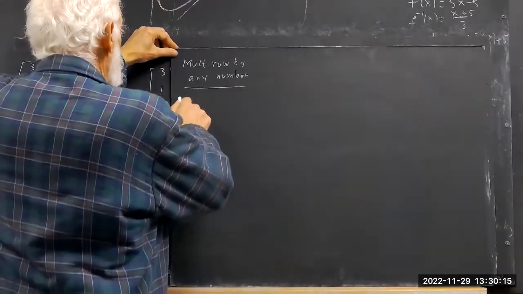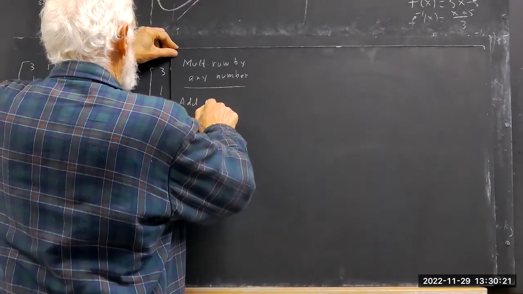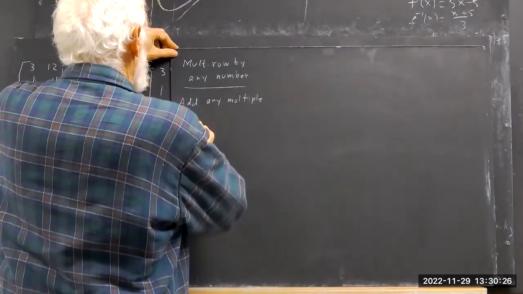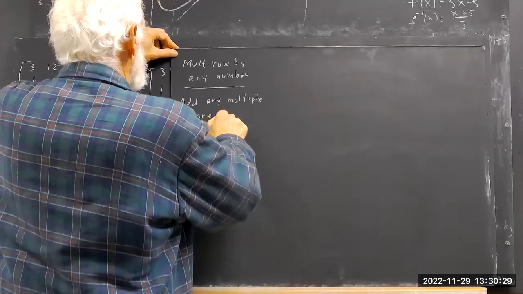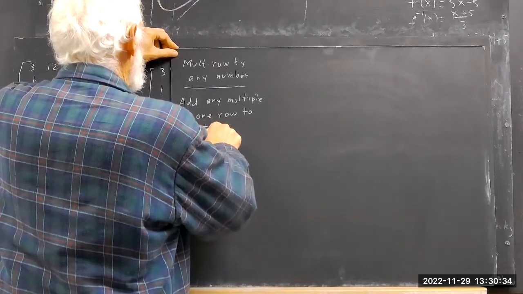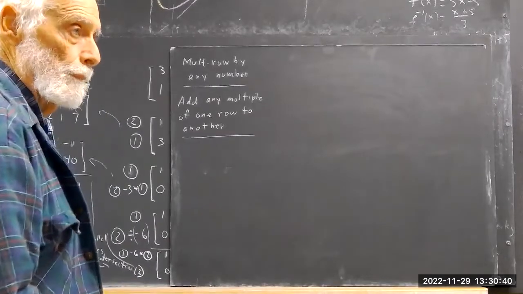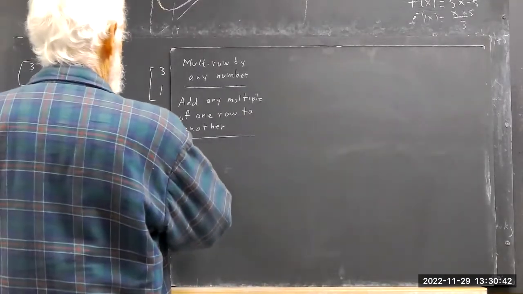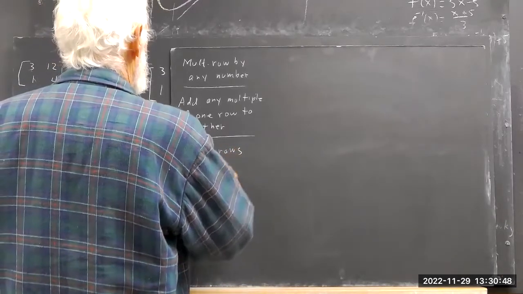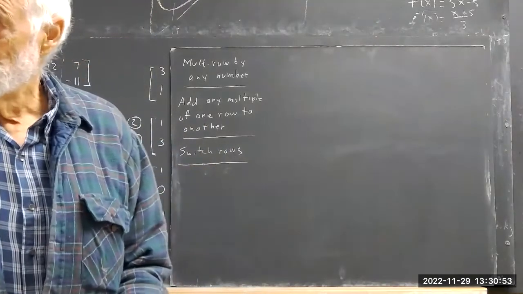We can add any multiple of one row to another. And we can switch rows without affecting our solutions. It's like writing the equations in a different order.